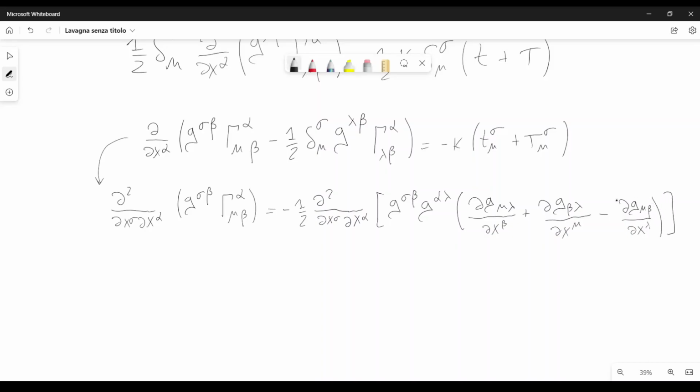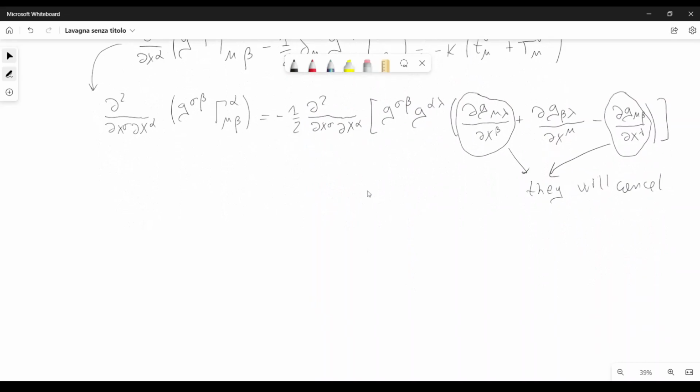and it's quite easy to see that if you consider these two terms, this one and this one, they will cancel. If you check the expression and relabel the indices appropriately, and therefore what you get is this.